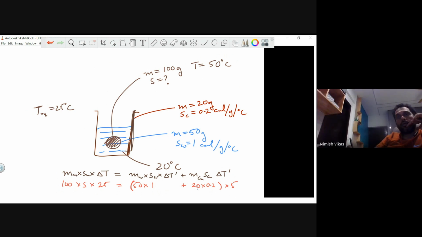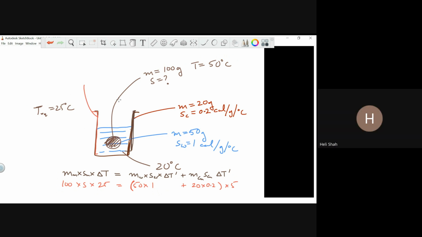So this 20 into 0.2, I could have said that this vessel is as good as so much of water. The heat capacity of the vessel is as good as so much of water. How much will it be if I say that?